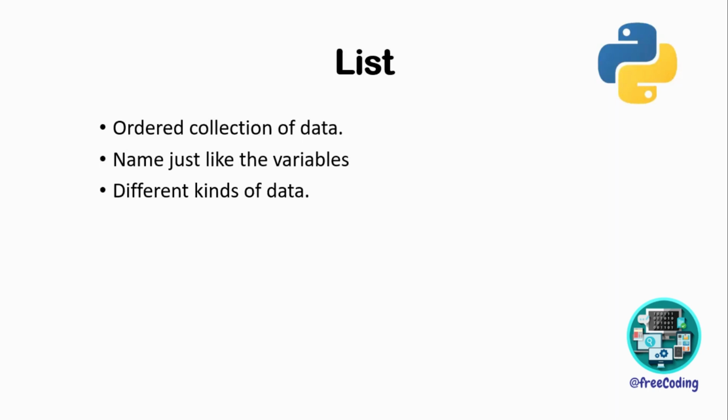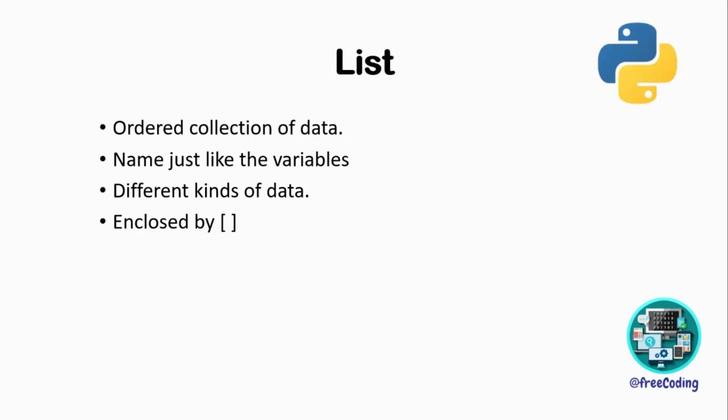And it could store different kinds of data. That's the major difference between having a list and an array. In an array you can't store different kinds of data, but inside a list you could store different kinds of data. And how your interpreter is going to identify whether it is a list or not is by looking at the brackets.